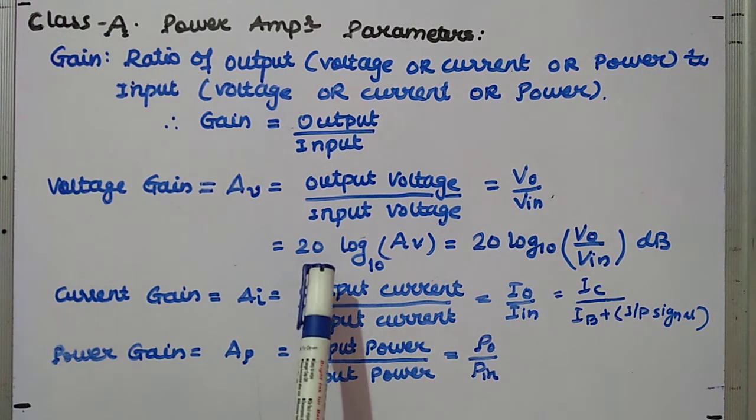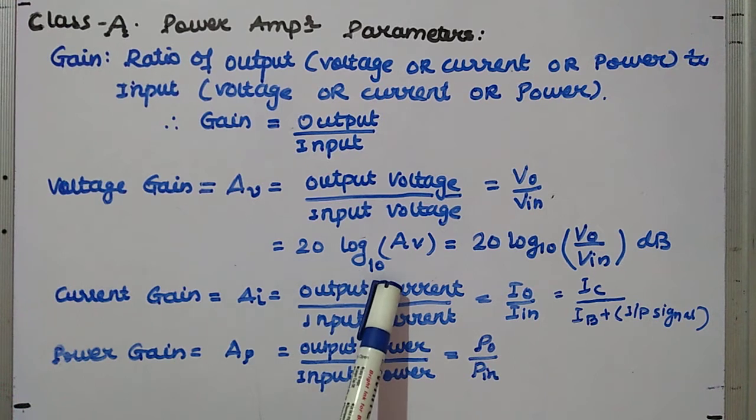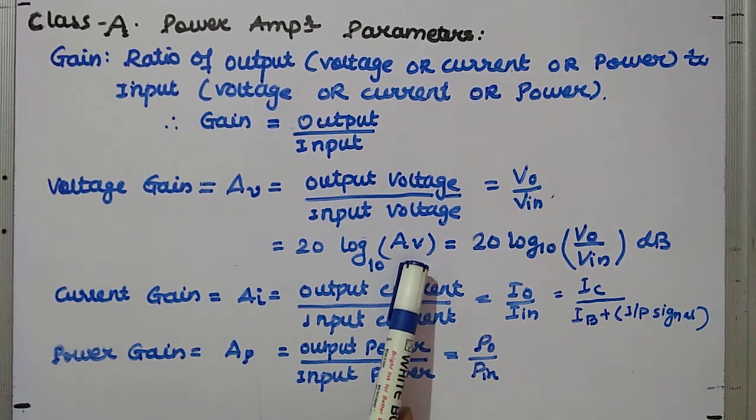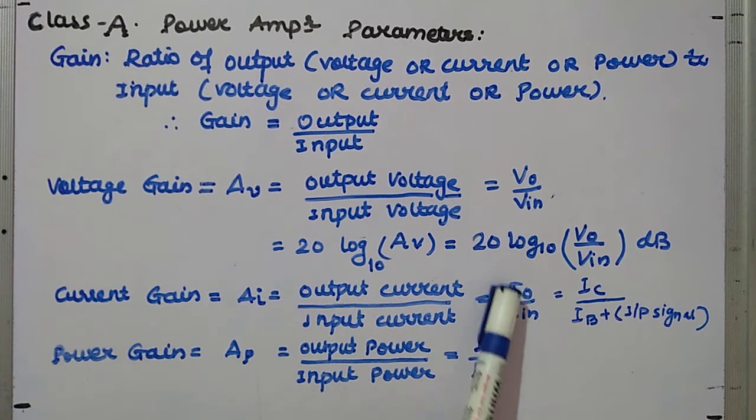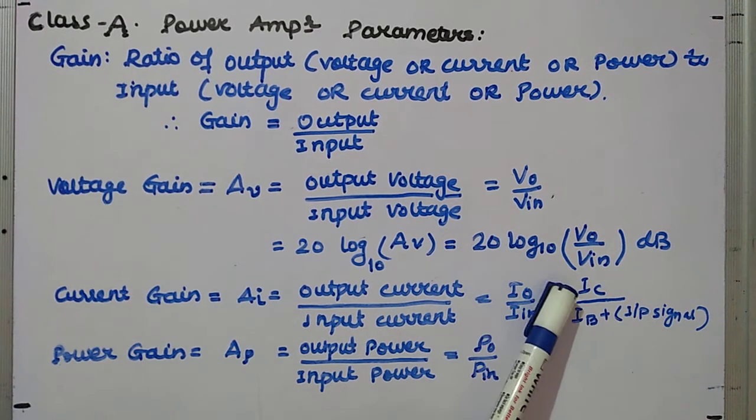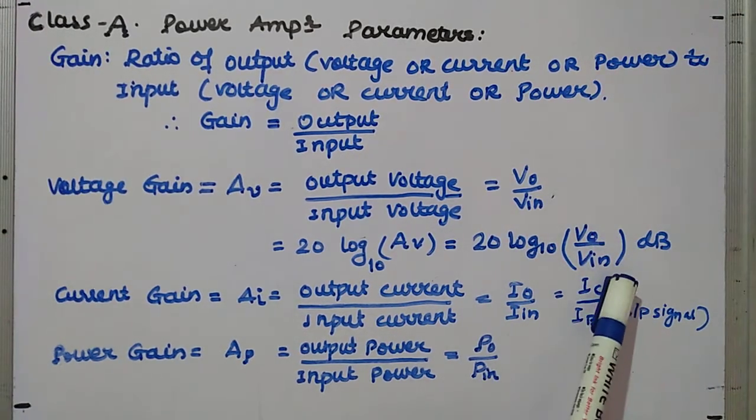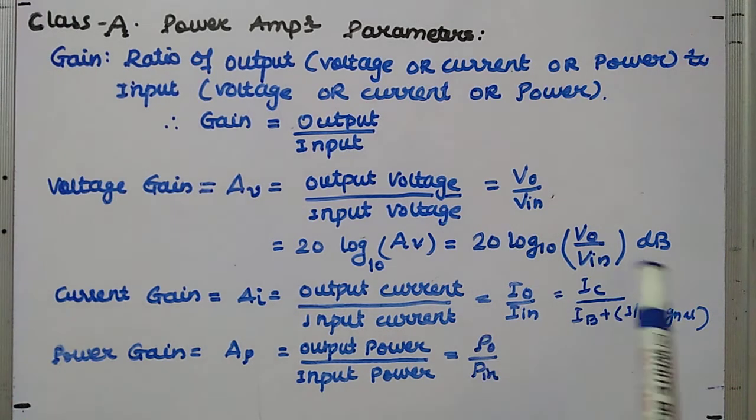In decibels we say 20 log to the base 10 of voltage gain. Simplifying it further, it is 20 log to the base 10 of output voltage by input voltage, and this has the unit decibel.